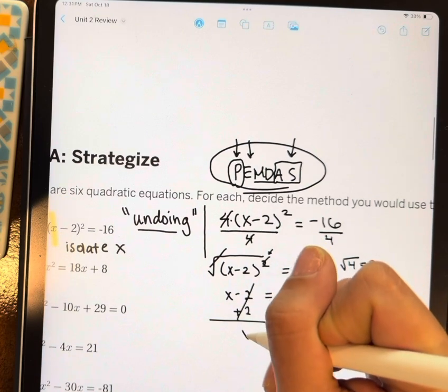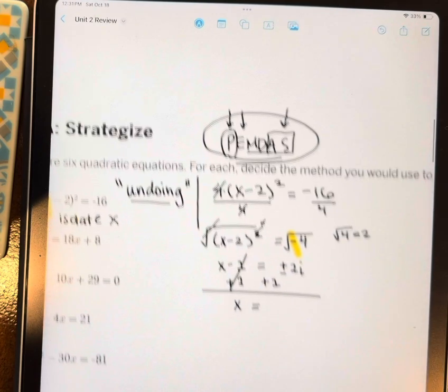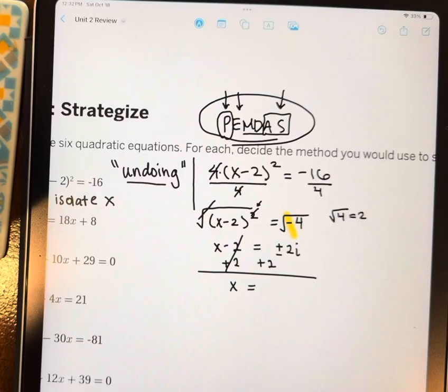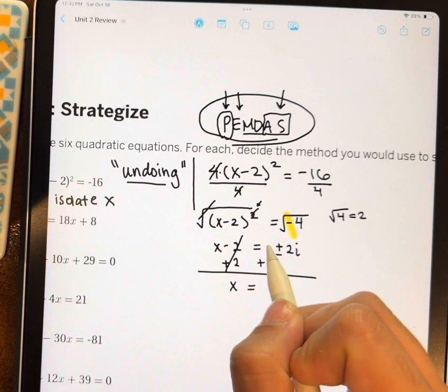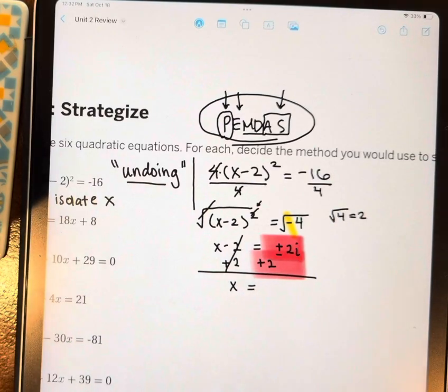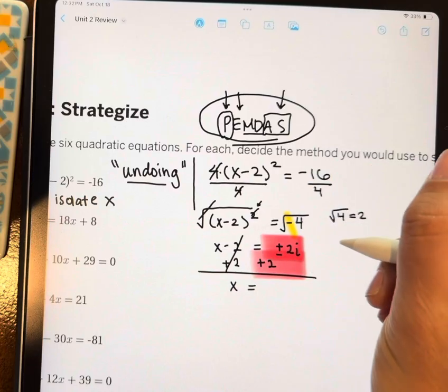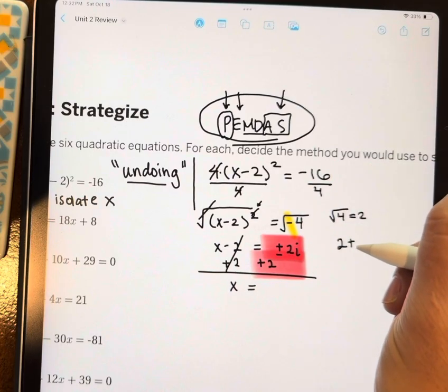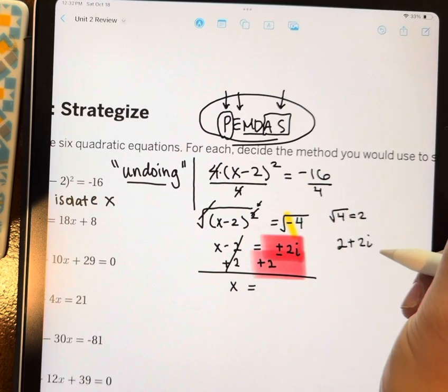And now I'm left with just x equals, okay, this was a very common mistake area, you guys. I'm going to start highlighting them in red. When you see I highlight something in red, this was a place you guys made a lot of mistakes on the quiz. I cannot add this 2 plus the 2i and get 4i.